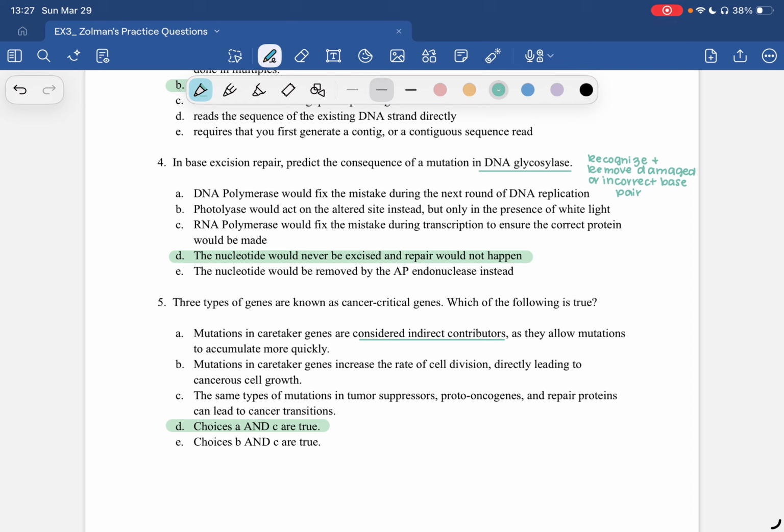The reason why B is not correct is because it says that caretaker genes increase the rate of cell division directly. However, they don't directly drive cell division, they just prevent DNA damage from accumulating. So that "directly" is what is incorrect about letter B.